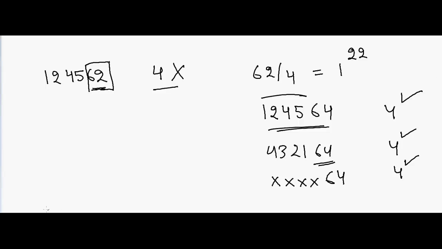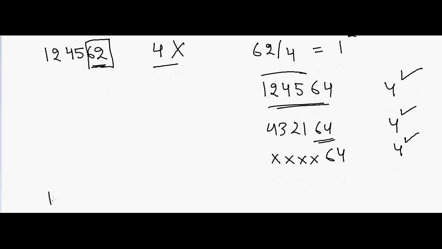Now let's write the number again. 1 2 4 5 6 2. Is this number divisible by 5? No, because to be divisible by 5, the last digit should be either 5 or 0.